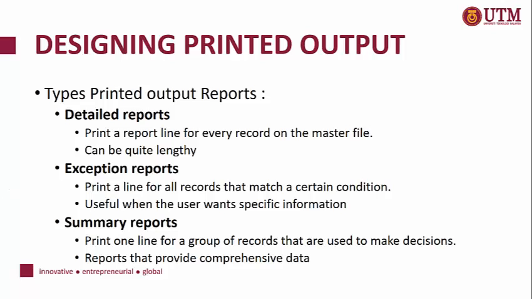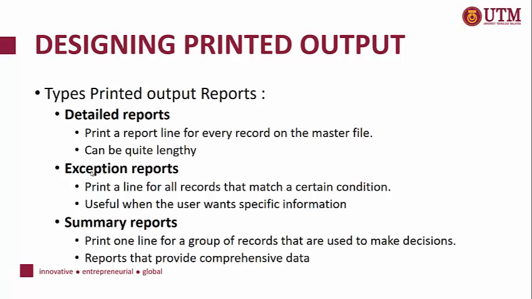And then there are three types of printer output reports: the detailed report, the exception report, and the summary report. A detailed report prints a report line for every record on the master file, so it can be quite lengthy.